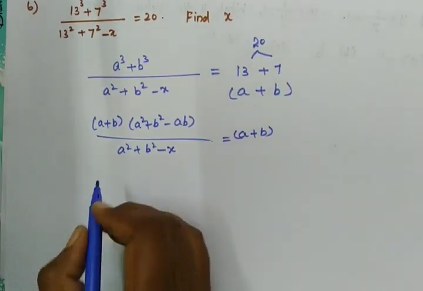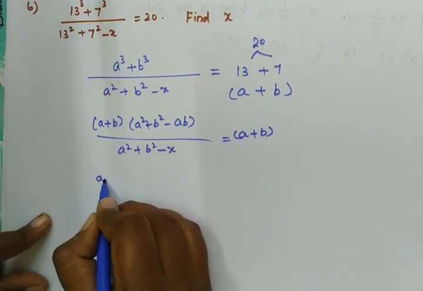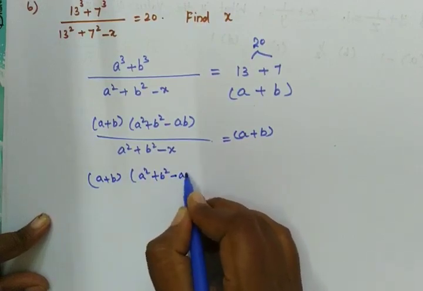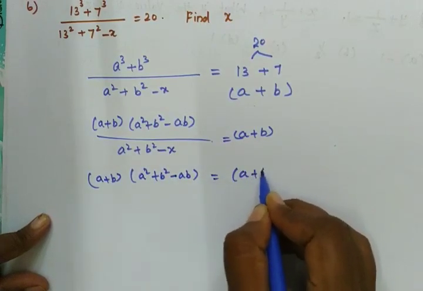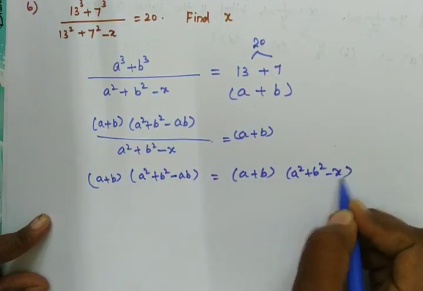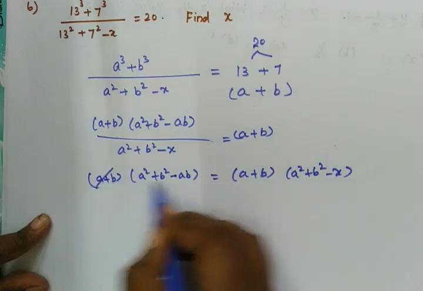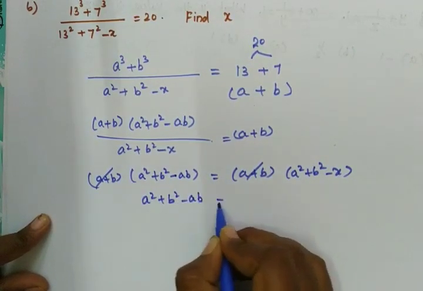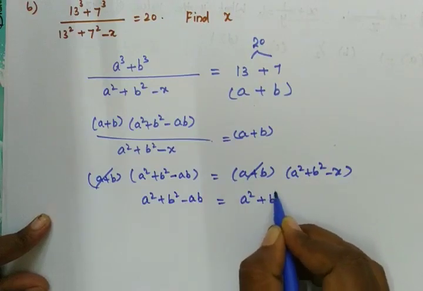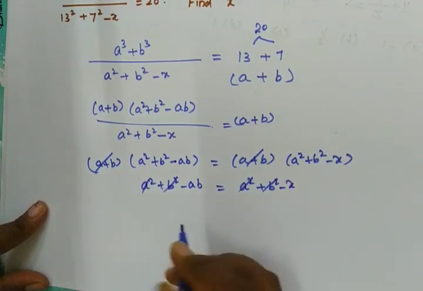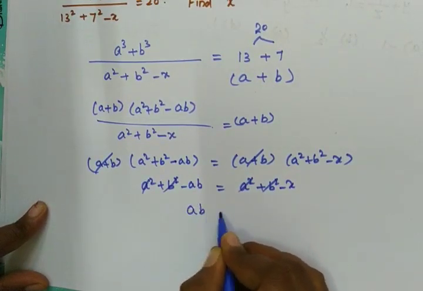Now cross multiply, so that we can write (a plus b) into (a square plus b square minus ab) is equal to (a plus b) into (a square plus b square minus x). Now the a plus b cancels, so a square plus b square minus ab is equal to a square plus b square minus x. So a square plus b square gets cancelled, so that we have ab is equal to x.